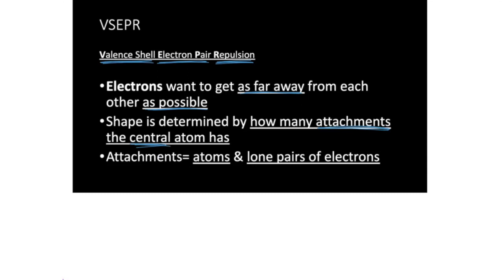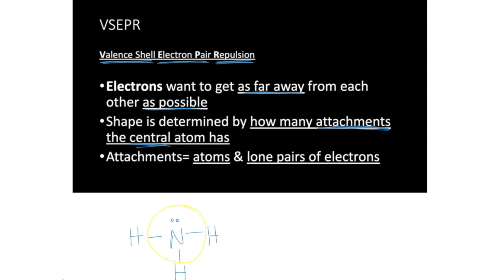When we say attachments, let's look at NH3. In NH3, you have 8 electrons to illustrate, and so your Lewis dot ends up looking like this. How many attachments, or sides of my central atom, are occupied? Well, the central atom's nitrogen. How many things are attached to my central atom? 4.